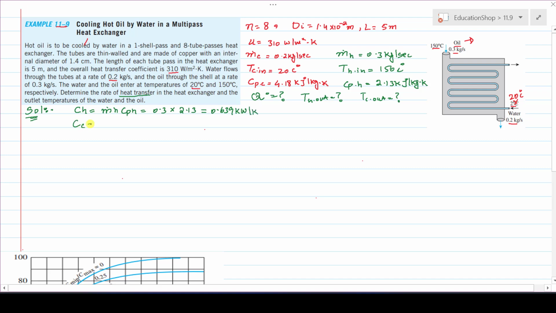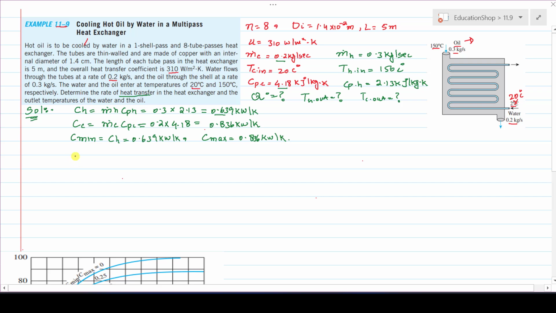Capacity rate of the cool fluid equals m dot c times Cp_c. m dot c is 0.2 and Cp_c is 4.18. Multiply and you get 0.836 kilowatt per Kelvin. Here C minimum is the hot fluid, 0.639 kilowatt per Kelvin, and C maximum is the cool fluid, 0.836 kilowatt per Kelvin.